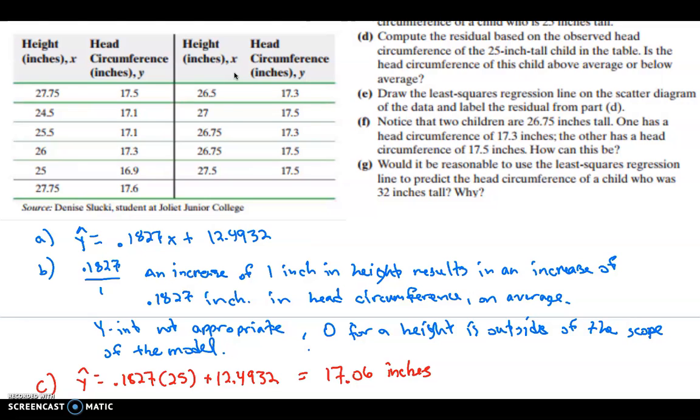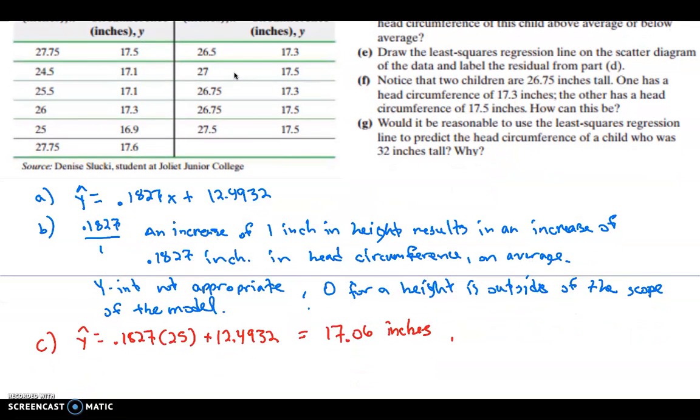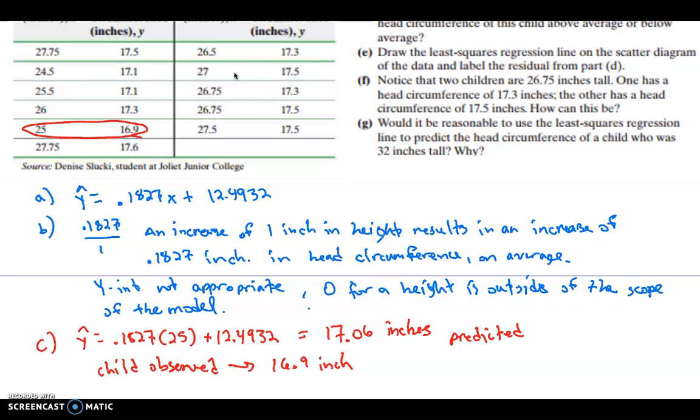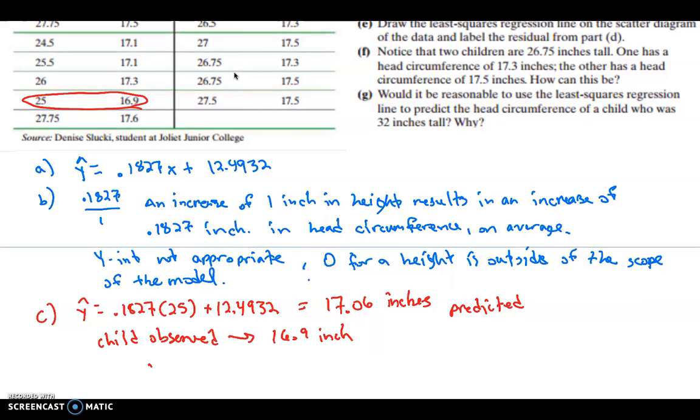So when we look at this, the 17.06 is our predicted value. And then when we look at the child with exactly 25, that child observed at 25 had 16.9 inches for head circumference. So we're going to look at the residual.